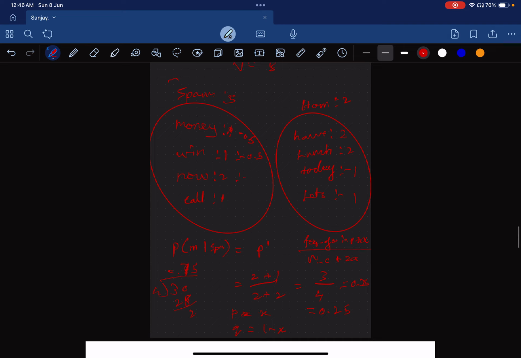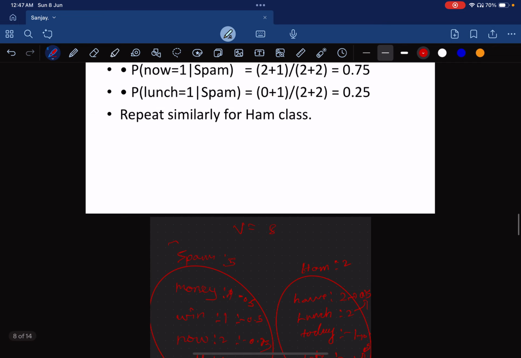Similarly, we do this for all the words; usually the others have some probability like 0.5. If you do the calculation, it will be like this.